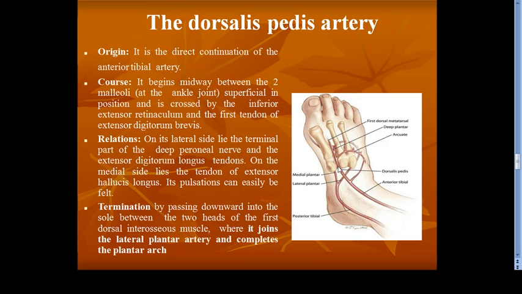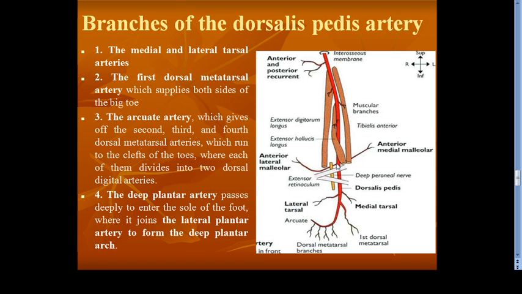You can easily pulsate this artery over here. What are the branches of the dorsalis pedis artery? As you can see over here, in the relation of the dorsalis pedis artery, the nerve is lying laterally, then extensor digitorum longus is lying laterally, and medially there is extensor hallucis.